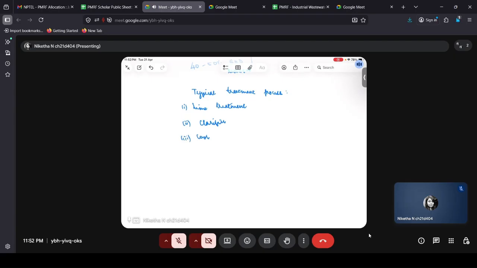The third one is using a cooling tower. And right after the cooling tower, we have to add nutrients. Nutrient addition is done to maintain the CNP ratio, carbon, nitrogen, phosphorus ratio. So in order to maintain this, if there is a deficiency of nitrogen or phosphorus, then external addition is required.